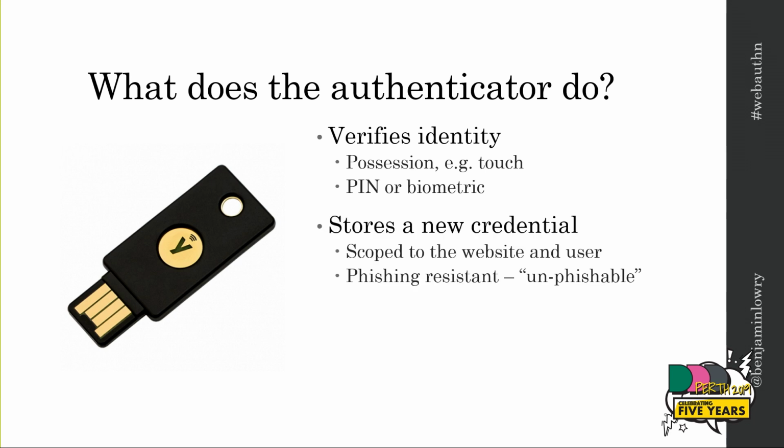Then what the authenticator does is store a credential, and that credential is scoped to the website that you've actually gone to. It stores the URL and maybe a user ID so you can log in with multiple accounts on one website. And what that means is that the credential won't be given to the wrong website. So if you have a phishing website, it won't get your credential information. And even if it did, it's public anyway.